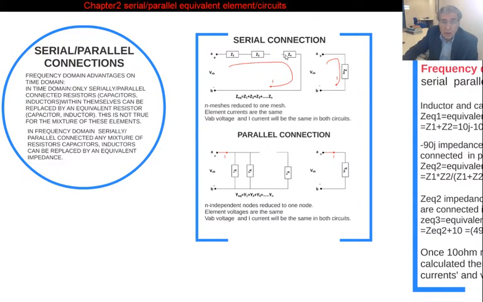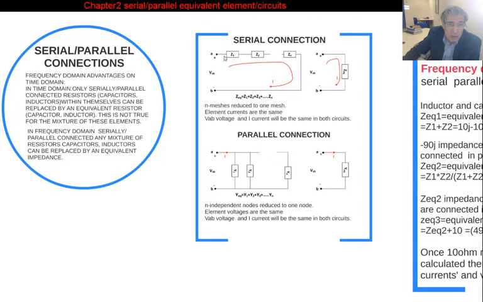So what we are saying is this: if you replace all these serially connected impedances with one impedance whose value is the summation of these impedances, then the current that we observe in the first circuit and in the second circuit, and VAB, are going to be the same.